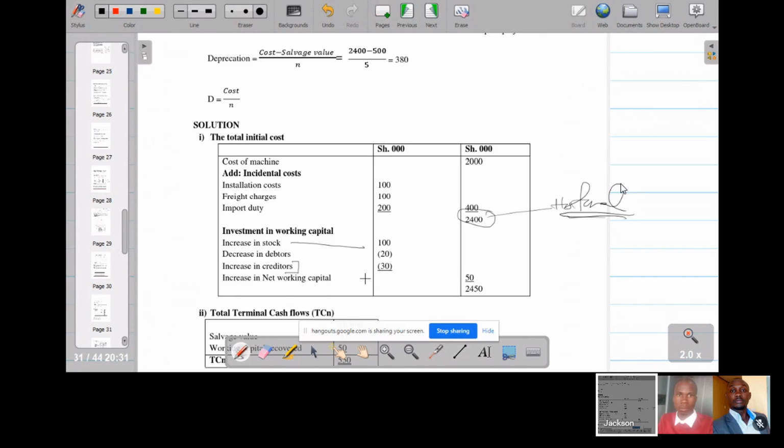If you have creditors increasing, you deduct. So this will give you a net working capital of 50. That is 100 minus 50. So that is what you add here to get the initial cash flow.